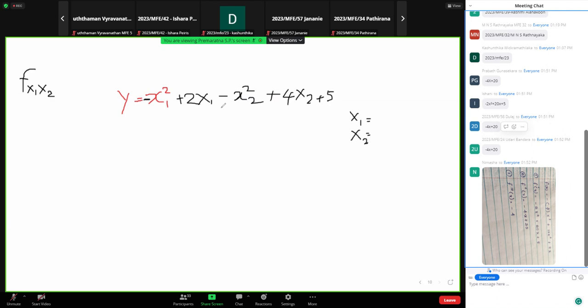In this equation you can see x1 and x2. Either way you do it, first differentiating with respect to x2, then x1, you get the same result, no difference. You can differentiate this and check.